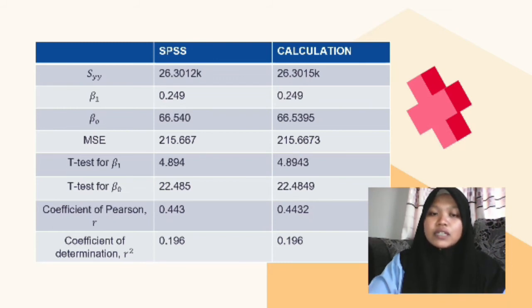Even so, the values from manual calculation and SPSS are the same for the parameters SYY, beta 1, beta naught, and for the tests on both betas, the coefficient of percent correlation and the coefficient of determination. So it is proof that the manual calculation of our project is correct.